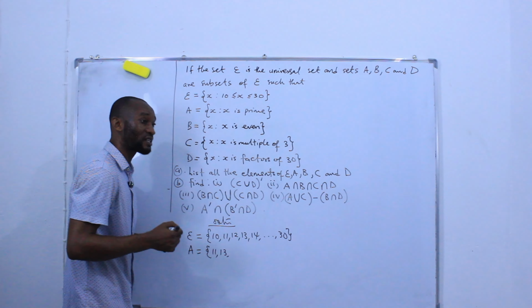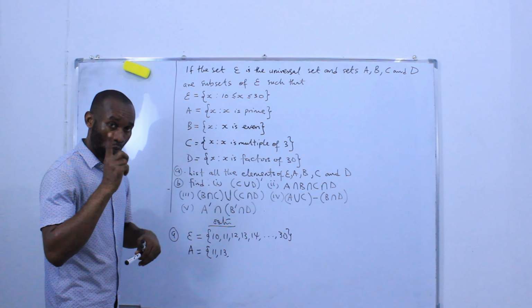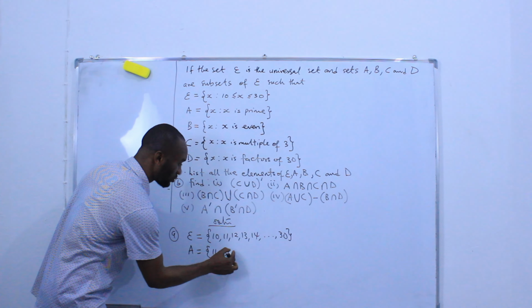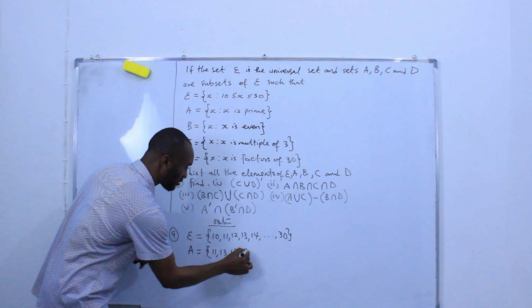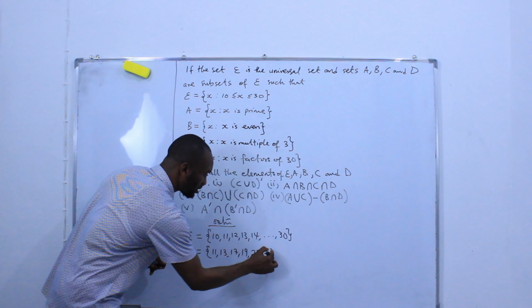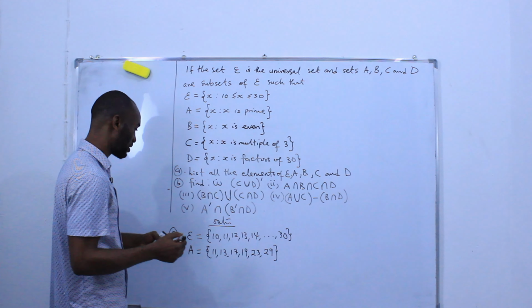By the way, prime numbers are numbers that have only two factors, itself and 1. So we continue 11, 13, 17, we have 19, we have 23, we have 29. These are the prime numbers from 10 to 30.